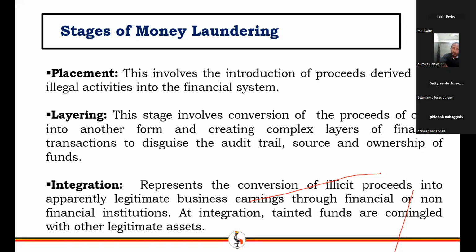And eventually, the criminal successfully cleanses the illicit proceeds to give them a legitimate look at the stage of integration. At the integration stage, the criminal is involved in activities like the purchase of luxurious goods or investments in real estate.